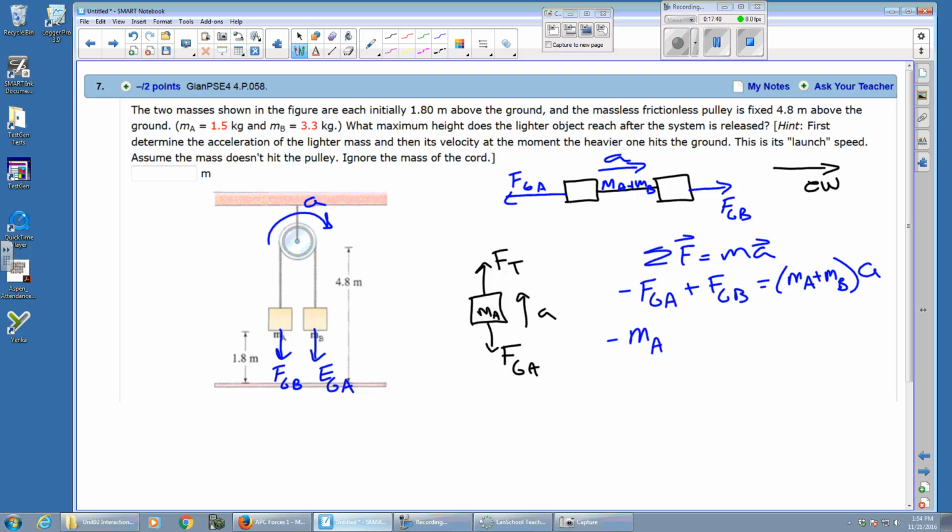Negative MA g plus MB g, all over MA plus MB, equals A, and solve for A. Do you want me to go through the kinematics too? Let me know if you do.